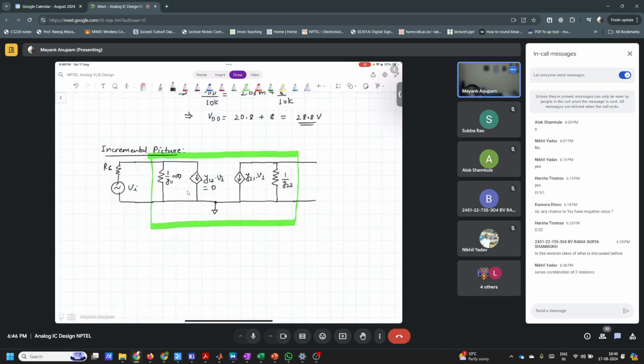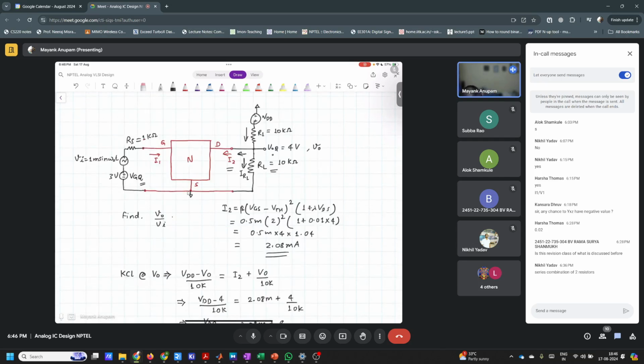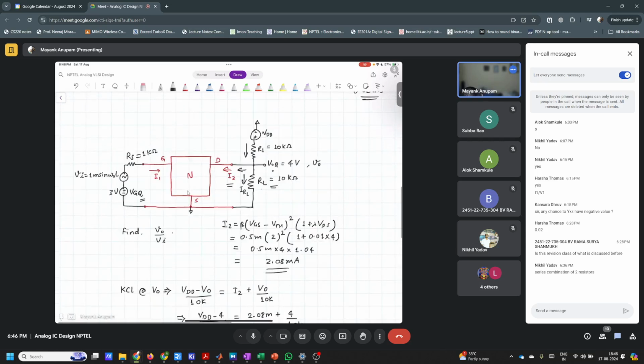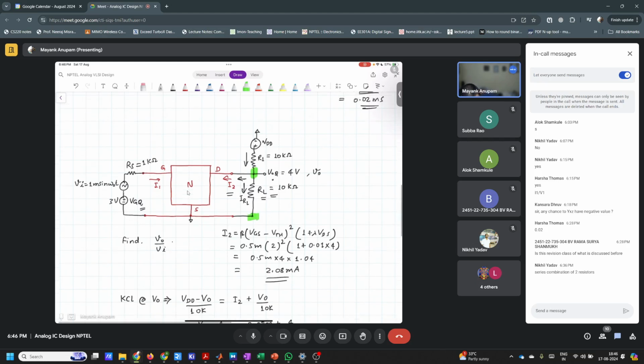So we have two resistors here at the output, VOQ, RL and R1. Both are connected from, see, this RL is connected between what? This node VOQ here and ground, right? Similarly, R1 is connected between node VO and VDD, but VDD is going to be grounded, correct?